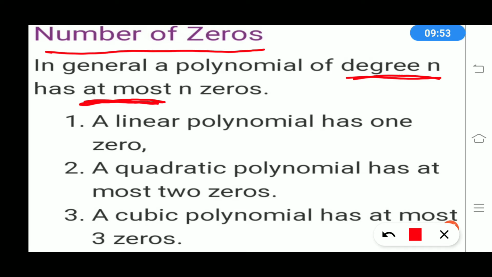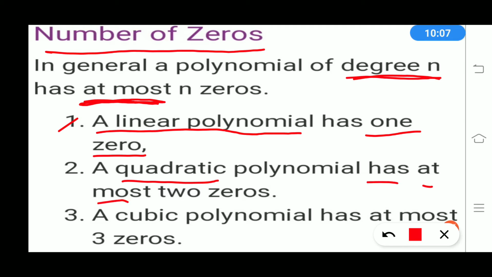So a linear polynomial has 1 zero, a quadratic polynomial has at most 2 zeros, and a cubic polynomial has at most 3 zeros. Clear?